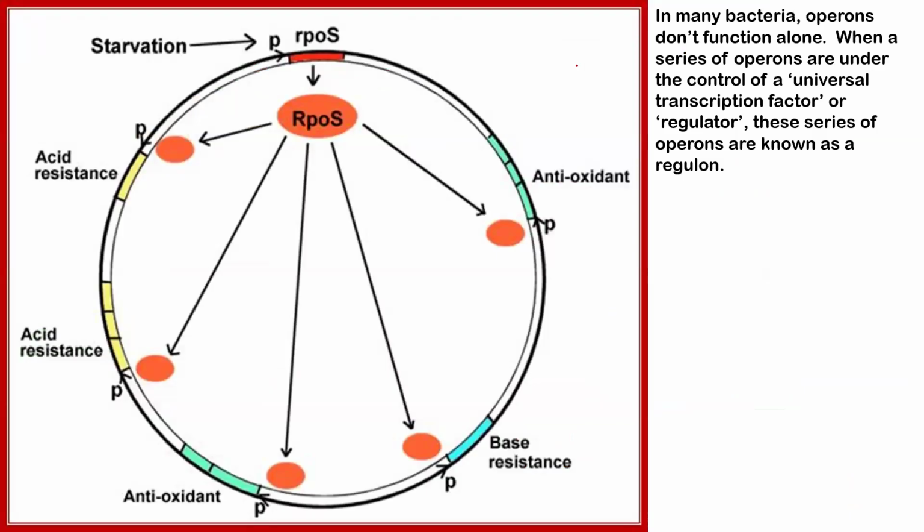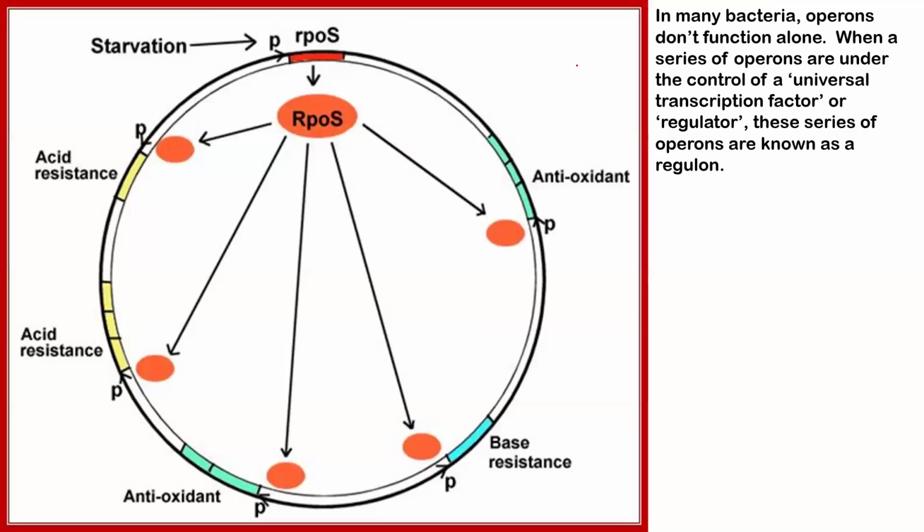Now, speaking of the vast majority of genes, if you're thinking to yourself, well, if I was to take, say, a type 3 secretion system and all the effector molecules that might come into a type 3 secretion system and the type 3 secretion system itself, it would be hard to imagine that one single operon could control the expression of all of those things, and that there's only one or two regulators that regulate the expression of those genes.